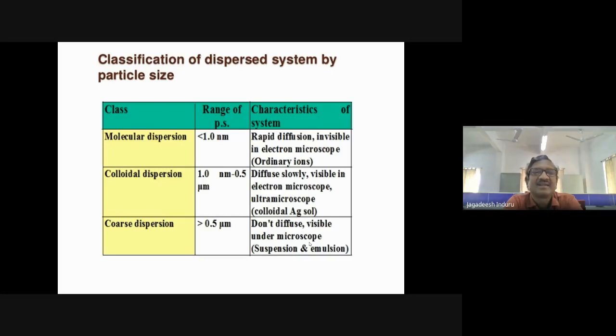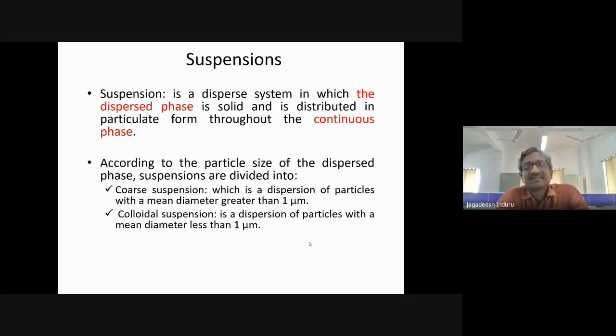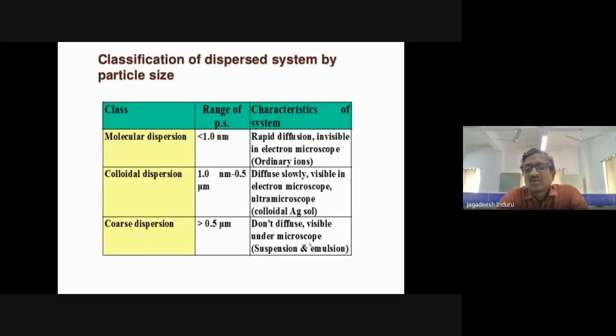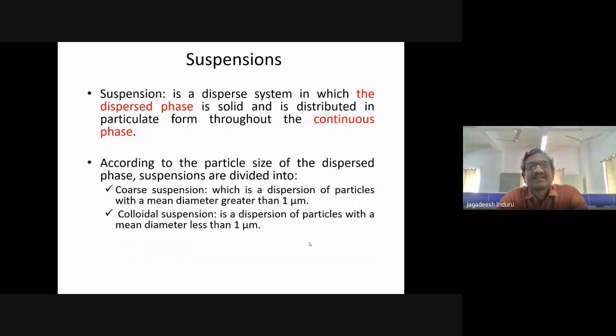This classification of disperse systems based on particle size applies to suspensions, and we will see all three types of sizes in emulsions also. So molecular level, colloidal level, and another one is coarse level. These are the things we are going to deal with in each category, suspensions and emulsions.